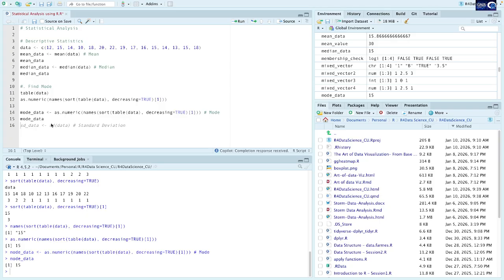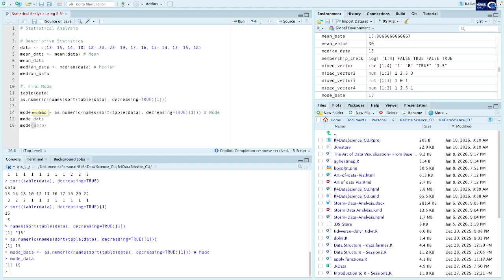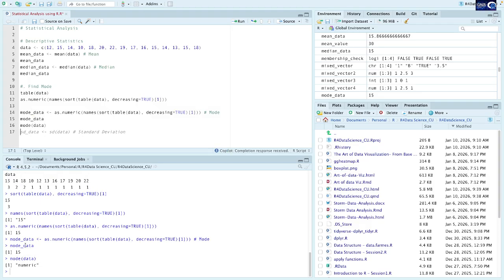Second, the alternative mode function in base R returns the internal storage type of the data. If I put mode of data, it will give us numeric, because it's showing the storage type of the data. The data is stored as a numeric type.